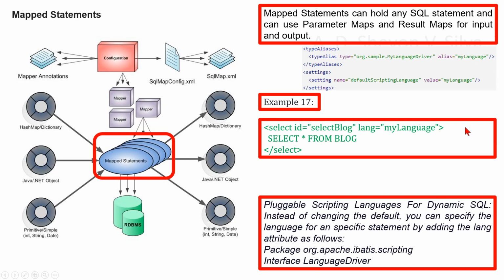Or in case you are using mappers, you can use the @Lang annotation. You can use Apache Velocity as a dynamic language. Have a look at the MyBatis-Velocity project for the details.